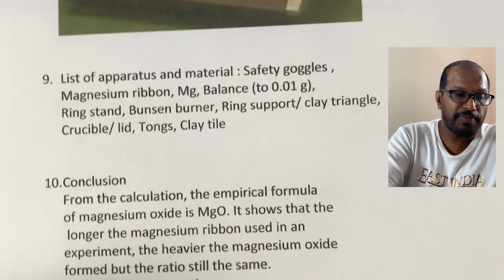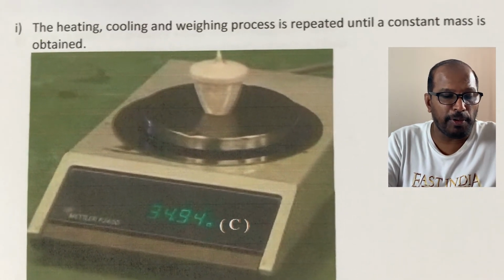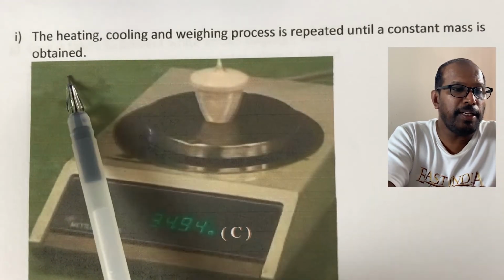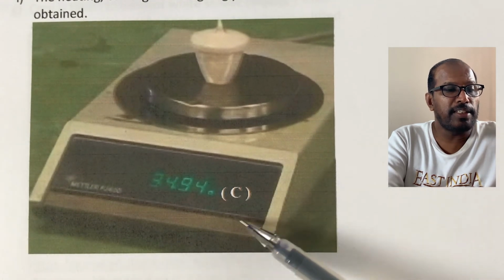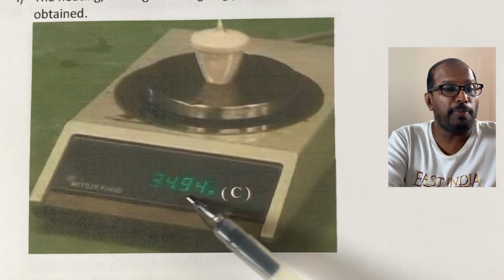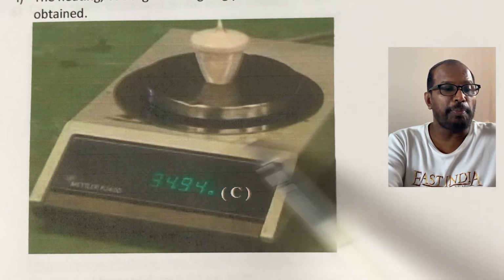The heating, cooling and weighing process is repeated until a constant mass is obtained. In this case, the third reading is recorded as C, even though it is 34.94 gram here. Now we have actually completed the experiment.